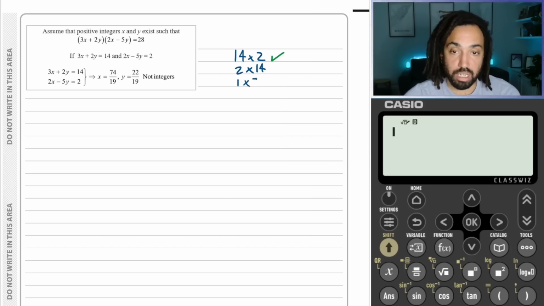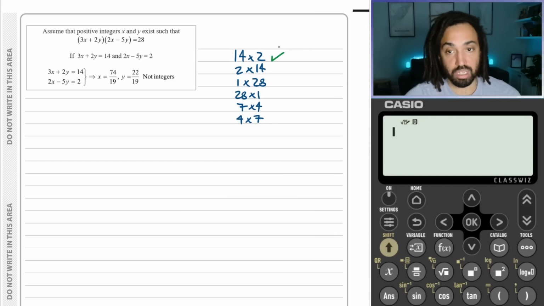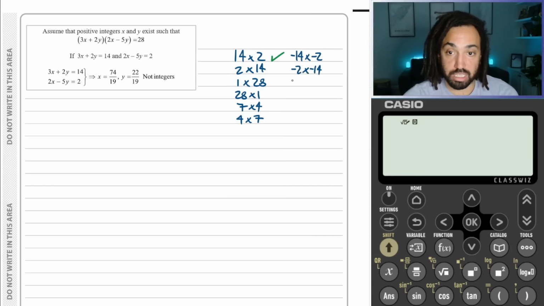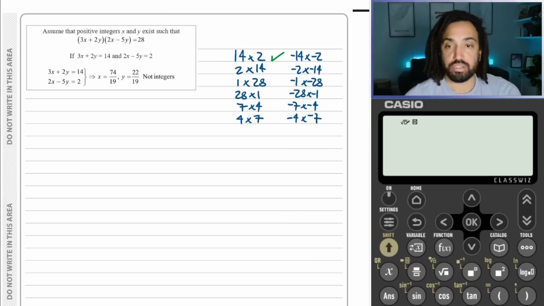Or we could have 1 and 28, 28 and 1, 7 and 4, 4 and 7. Or we could have minus 14 and minus 2, minus 2 and minus 14, minus 1 times minus 28, minus 28 times minus 1, minus 7 times minus 4, or minus 4 times minus 7. So these are all of the integers that are going to multiply to make 28.